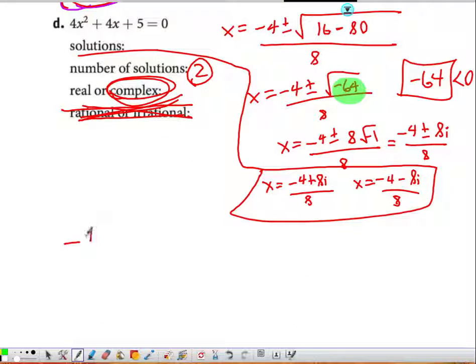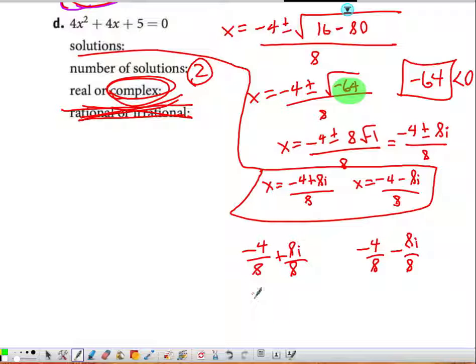Well, let's rewrite these two solutions as two different fractions. Negative 4 over 8 minus 8i over 8. Now this is something that we learned in a few lessons before.